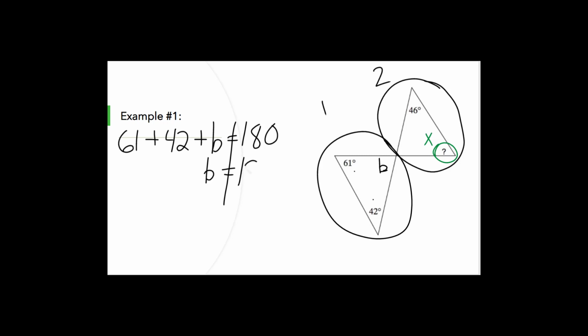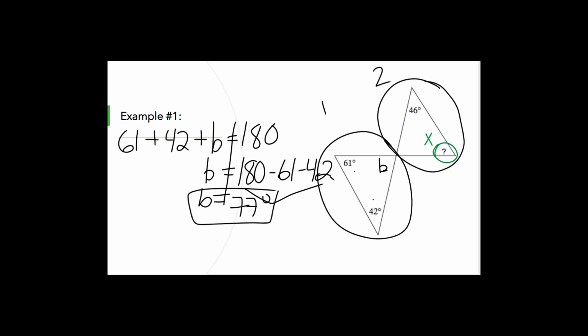When it crosses the line, change the sign. So then all you have to do is subtract 180 minus 61 minus 42 is 77 degrees. So I'm not done, but now I know that angle B right here equals 77 degrees.